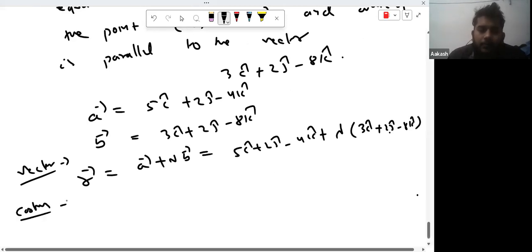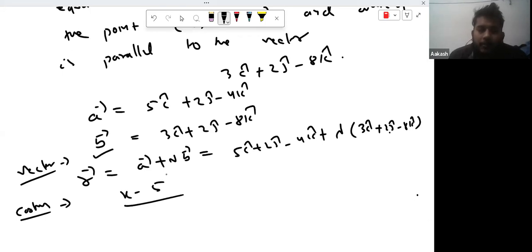In Cartesian form, we have x minus x1, which is 5, by this parallel vector 3 is equal to y minus 2 by 2 is equal to z plus 4 by minus 8.